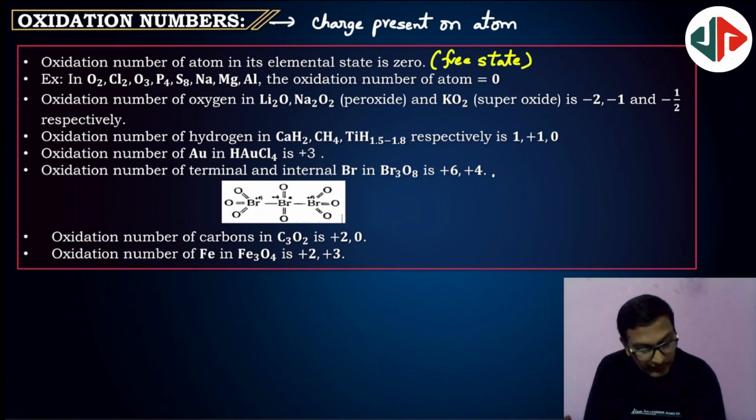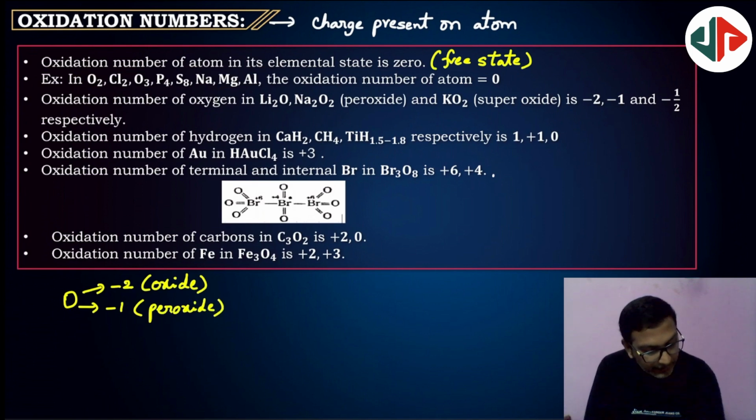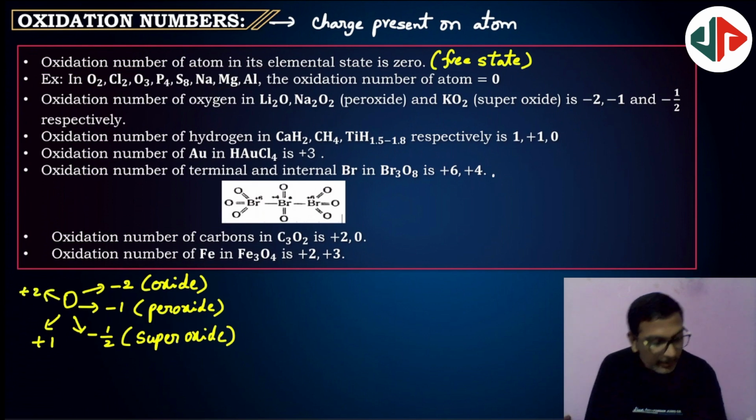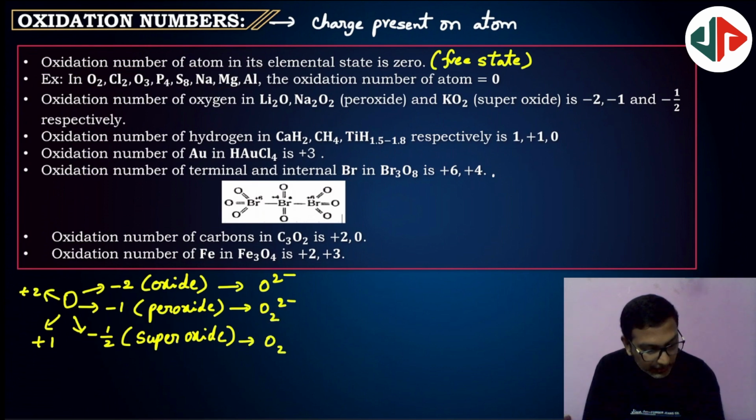For oxygen, we have different oxidation states: -2 in case of oxide, -1 in case of peroxide, -1/2 in case of superoxide, and also +1 and +2. Oxide formula O2- or -2. Peroxide O2 2-, superoxide O2-.